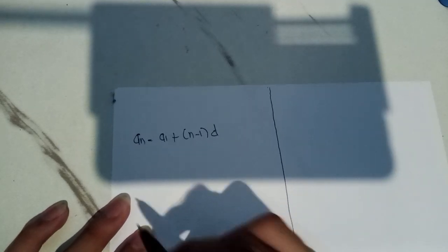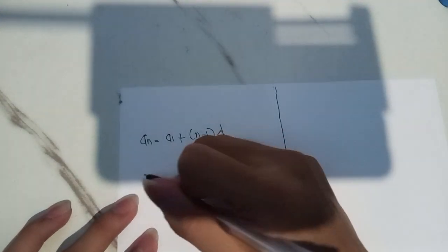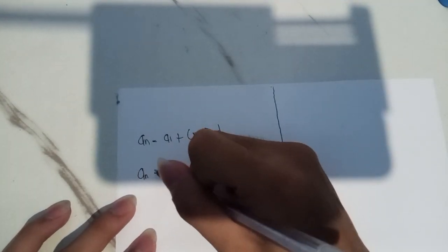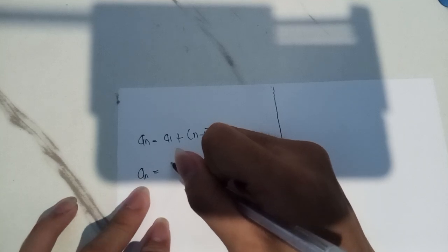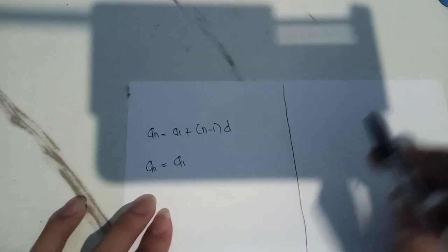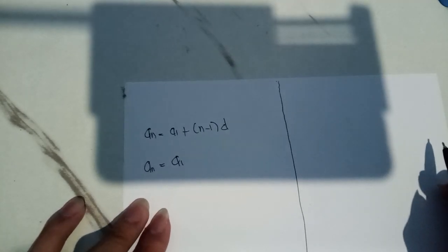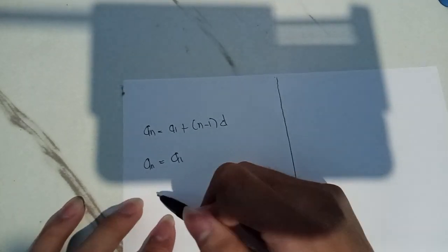So we should know na first term is equal to the last term if we only have one term. So if we have like this 2, our first term and last term are the same. Okay, but if we have two terms, we will add the common difference.